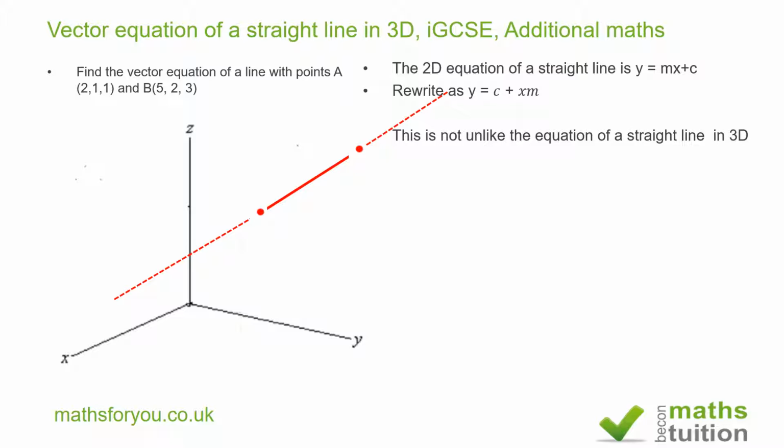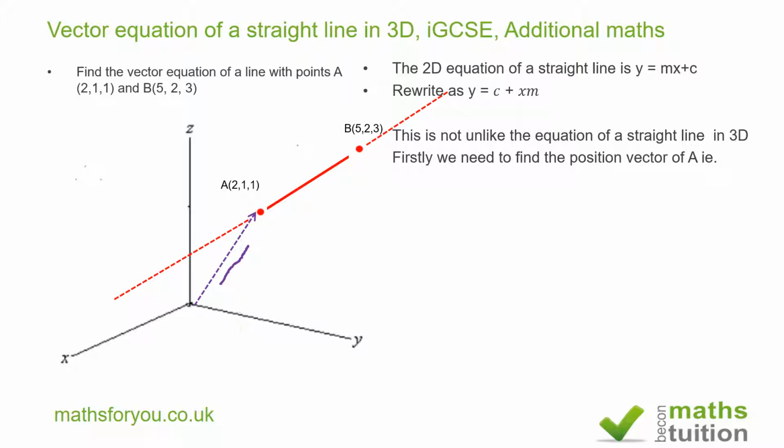Now, firstly, what I need to do is to find the position vector of point A. Okay, so the coordinates of A will be 2, 1, 1 as given to us. Now, this piece here is the vector OA. Now, the coordinates of B are 5, 2, 3.